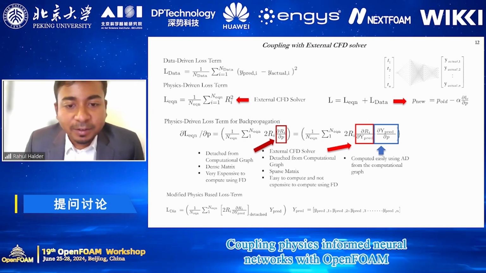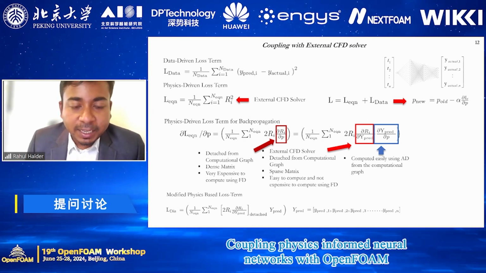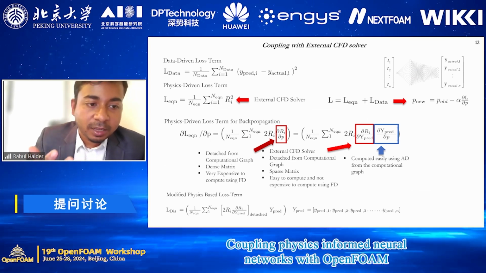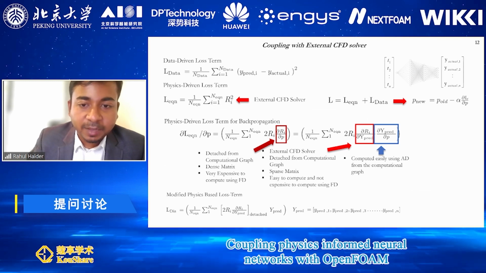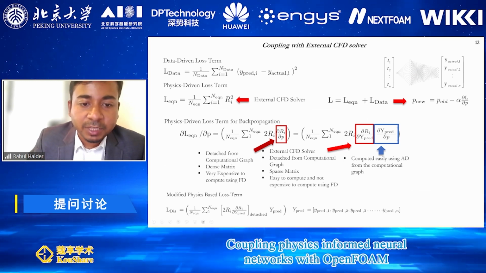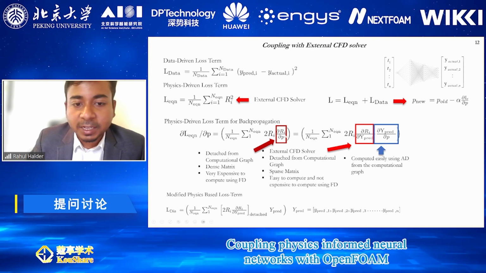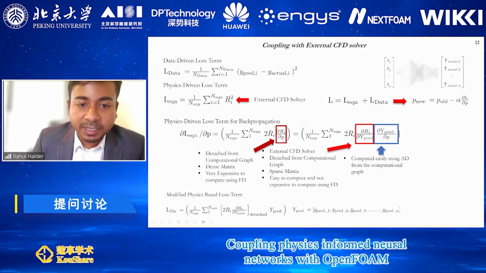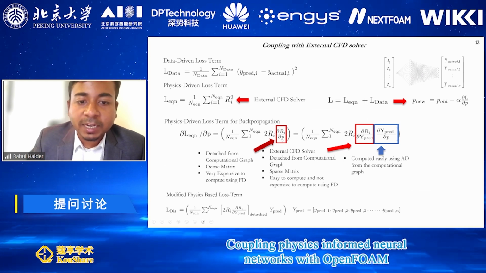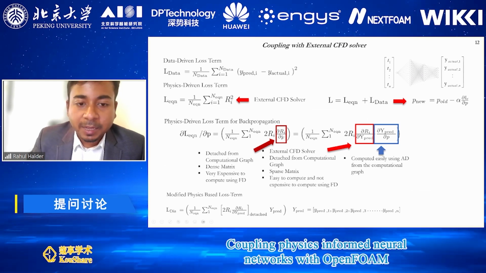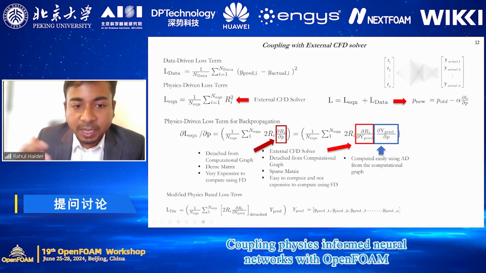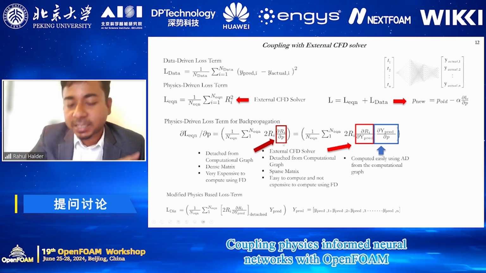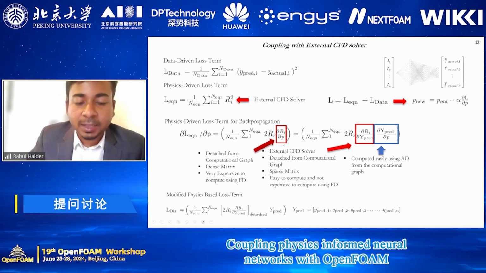I'm not aware of that, but the idea here is that I have to compute the residual loss term with respect to the hyperparameters. If I do this directly it will be extremely expensive, because it will be a dense matrix, since the residual R is globally dependent on the parameters. The residual comes out of OpenFOAM or any kind of CFD solver, and it depends on the entire vector.